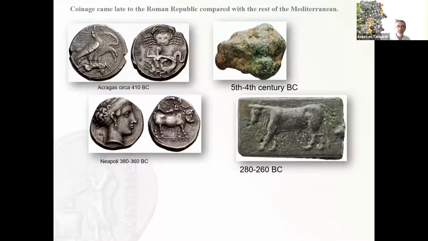Naples, only 160 kilometers south of Rome, was using extraordinarily beautiful silver coinage.